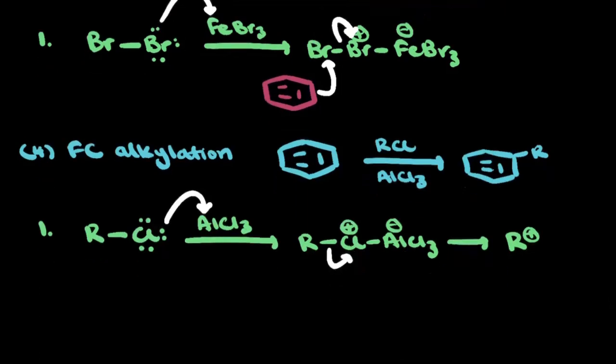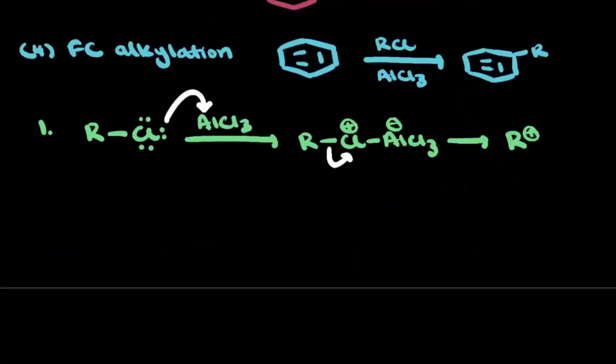The last one is going to be acylation. Actually, before I talk about acylation, I'm going to do a quick honorable mention. There is a type of reaction that's very similar to your Friedel-Crafts alkylation, and that's using sulfuric acid or hydrofluoric acid in order to alkylate.